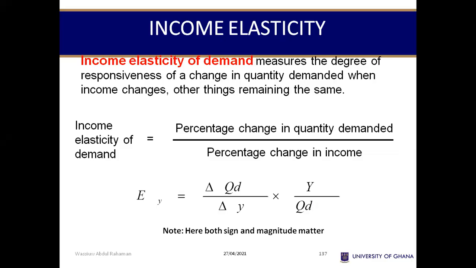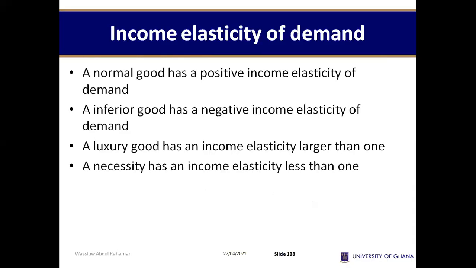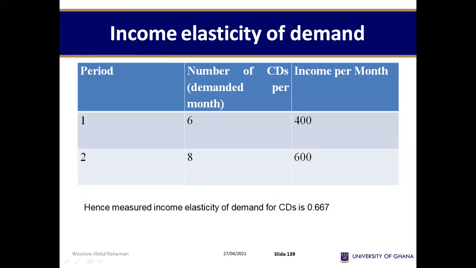So it is still within normal, but it is a luxury because the income elasticity of demand is greater than 1, right? So there's an example on that here that I want you to take a look at.